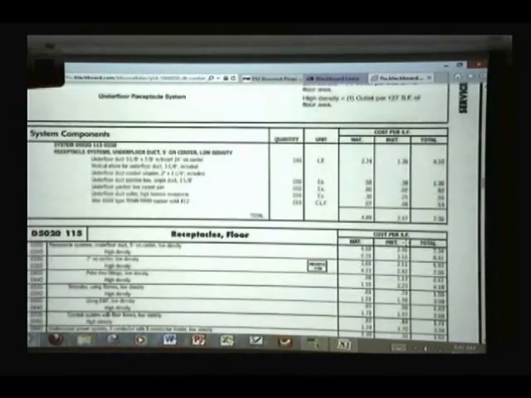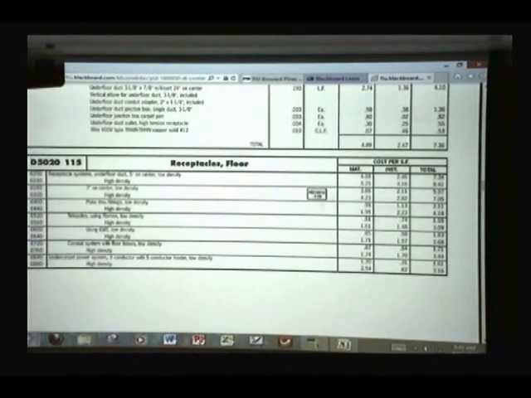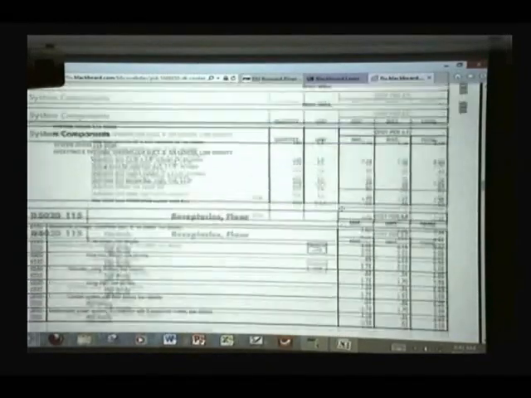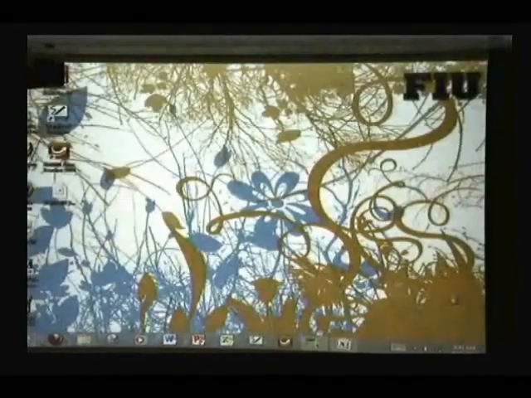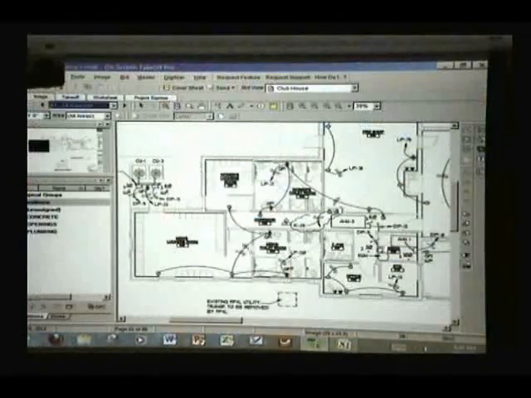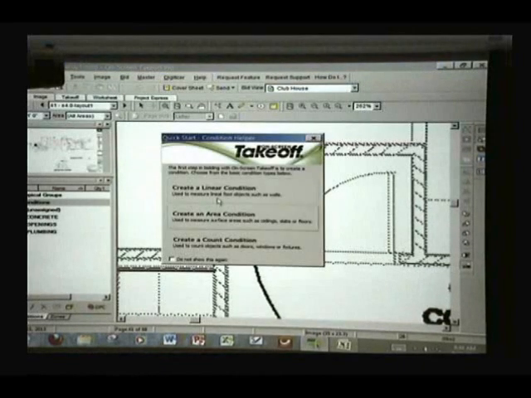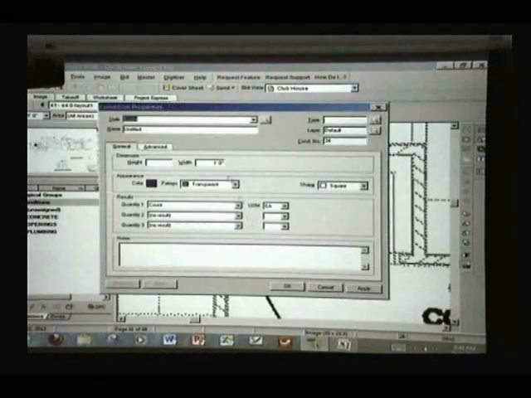Maybe we can add an additional percentage for materials, and that will increase our cost per square feet accordingly. Okay, so now we need to count these items, right? So I'm going to create a new condition. This will be a count condition, and this is going to be duplex outlets.